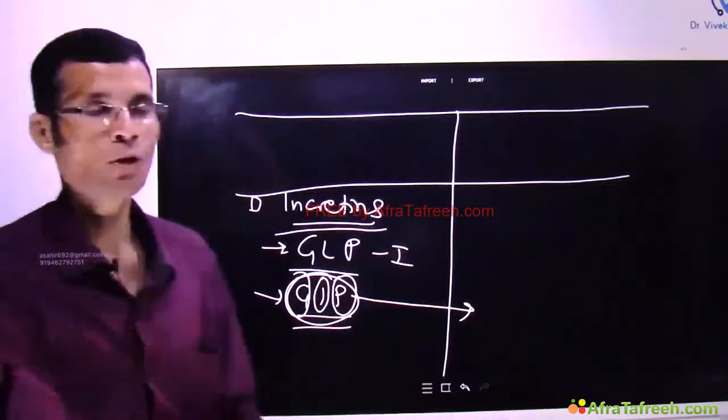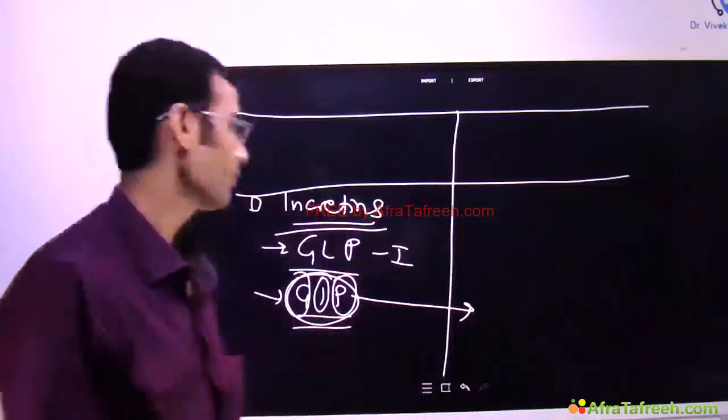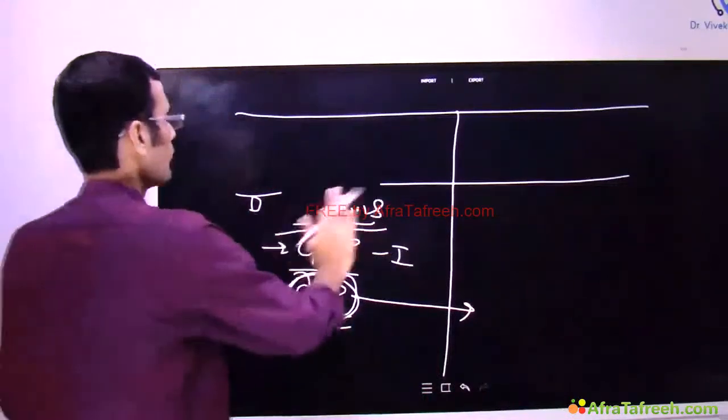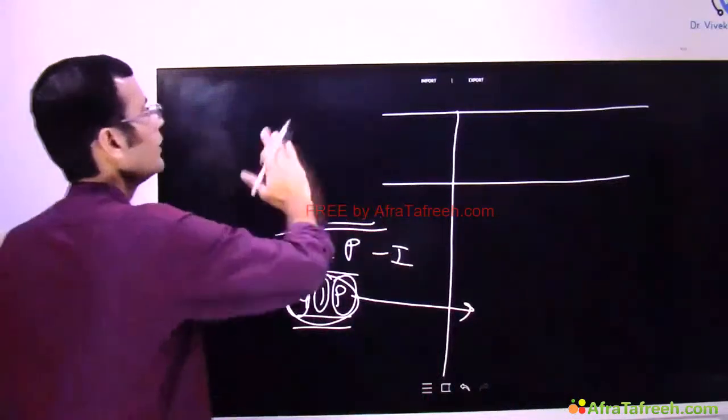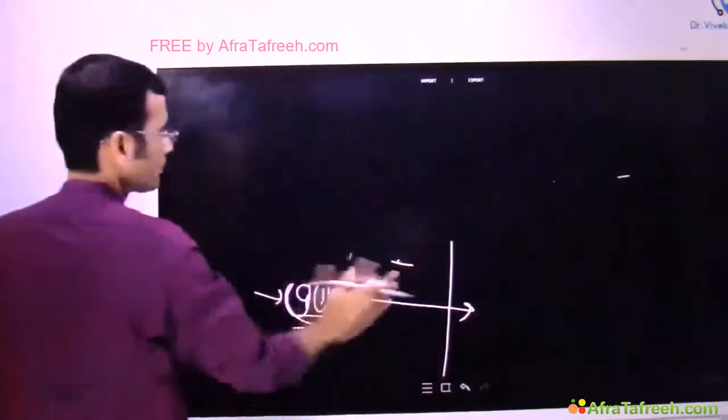So it will cause insulin release in response to oral glucose. That's GIP. From a gastric inhibitory peptide to glucose dependent insulinotropic peptide.